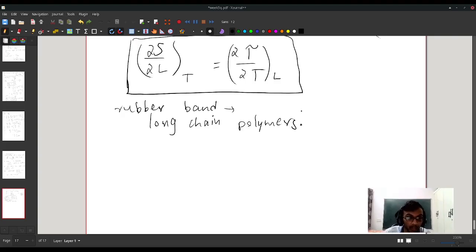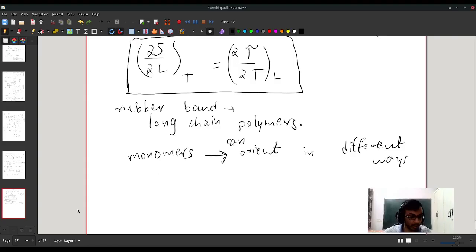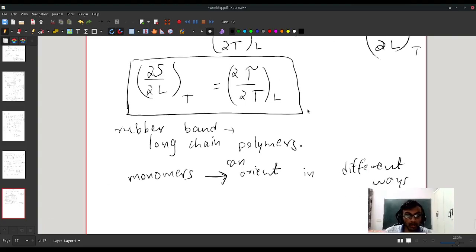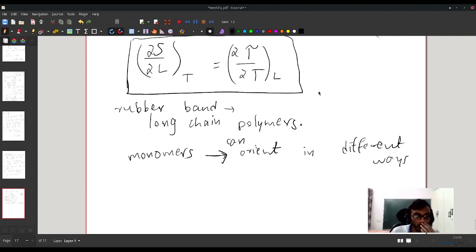Monomers can orient in different ways, and we'll see how this plays a role in deciding whether this quantity is positive or negative.